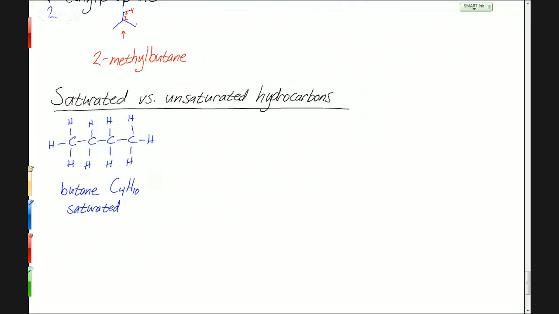Let's compare that to cyclobutane, which is where it's in a ring. Are butane and cyclobutane isomers?